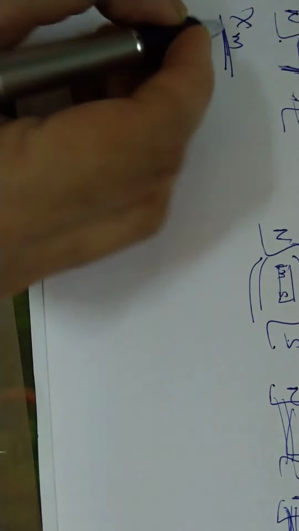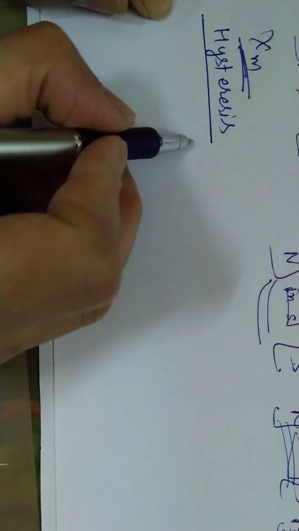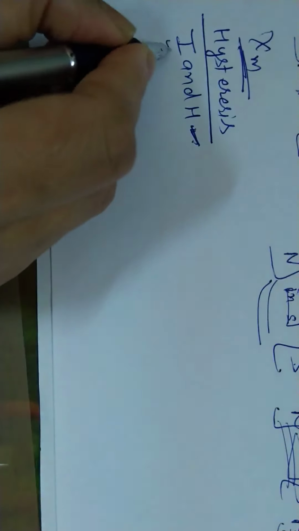And then we have hysteresis. Hysteresis means lagging, and this property is shown only by ferromagnetic materials. This is the variation of I and H. By giving the material the field H, the intensity of magnetization that is acquired lagging behind is called hysteresis.